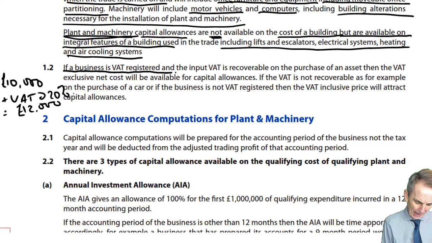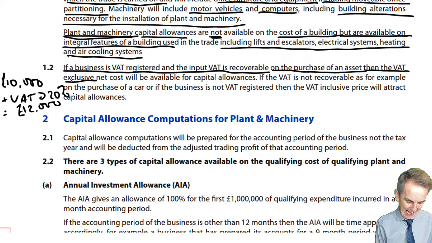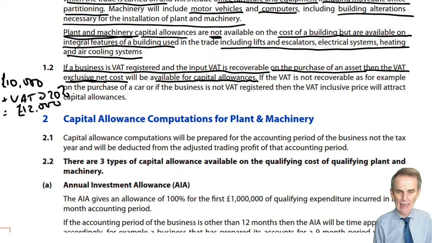If our business is VAT registered, and the input VAT, which is what we suffer on stuff that we buy, is recoverable on the purchase of an asset, then the VAT-exclusive net cost will be available for capital allowances.